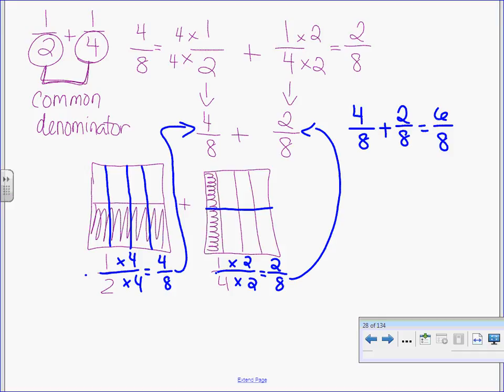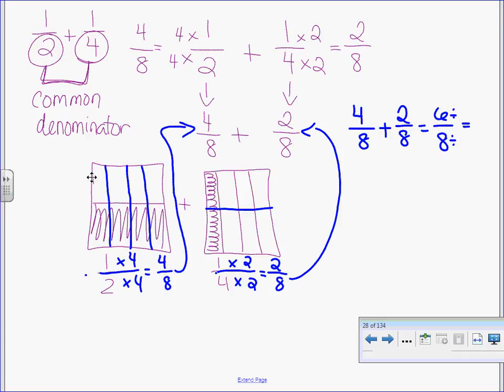Now, with fractions, we need to always simplify if we can. To simplify means to get that fraction smaller; we want to reduce it. Is there a number I can divide both 6 and 8 by and get an even number, meaning no remainder? It has to be the same number.